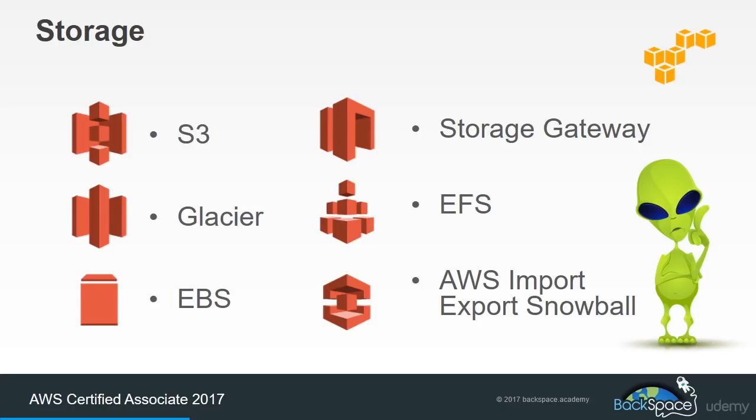You can upload your petabyte of data onto that Snowball device. You can send it back to AWS, and AWS will import that for you to whichever service you're looking at, for example, to Amazon S3 or to Glacier or whatever.